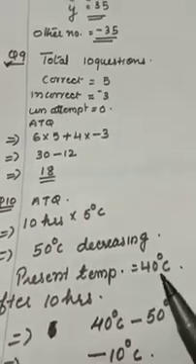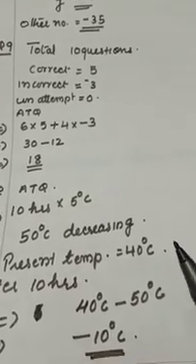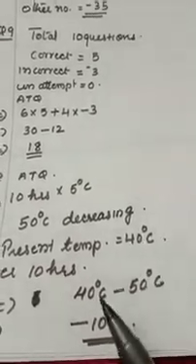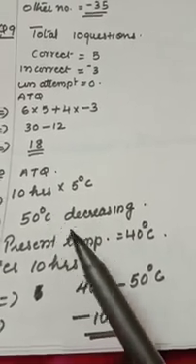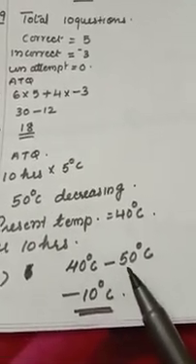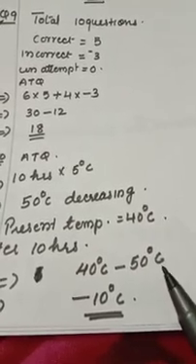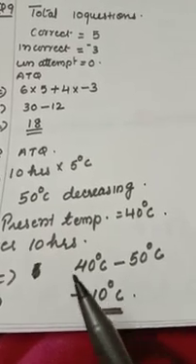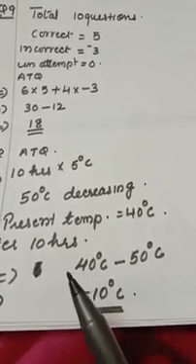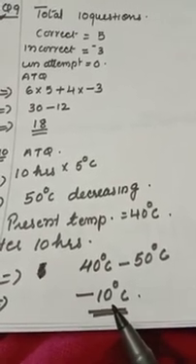Now the present temperature is 40 degrees Celsius. After 10 hours, 50 degrees Celsius will be decreased, minus 50 degrees Celsius. Then what will be left out? Plus minus, you have to subtract and put the bigger number's sign. Minus 10 degrees Celsius.